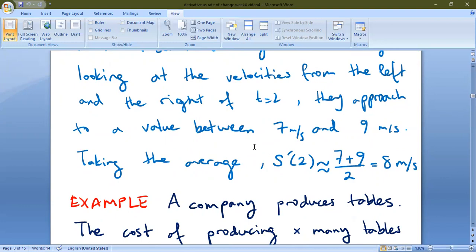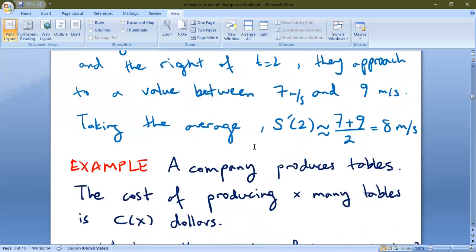Between 2 and 3, the average velocity is 9. If we take the average of these two average velocities, 7 plus 9 over 2, this 8 is the instantaneous velocity, because those two average velocities are the best approximations with these computations.